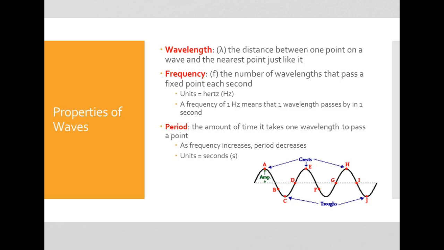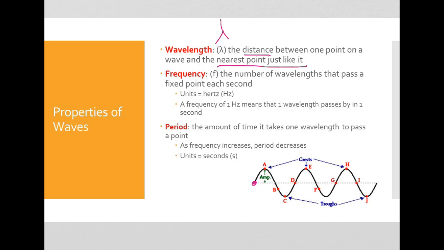All waves will have something called a wavelength, which is represented by this lowercase Greek letter called lambda. Wavelength is going to be the distance between one point on a wave and the nearest point just like it. So for example, in our image here on the bottom, if I start my wavelength there, my wavelength does not go from this point to this point that I marked with an X, because that's not just like it.